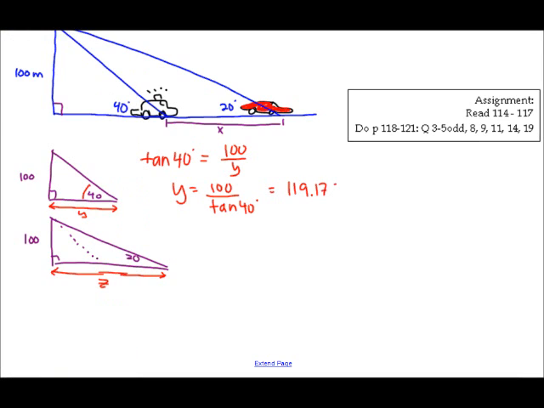119.175 meters. So that gives us this little distance here. Now we need this full distance, the big triangle. So now it's the 20. Again, we have the legs, so we're using tan of 20 degrees equals opposite, again 100, over this time z.